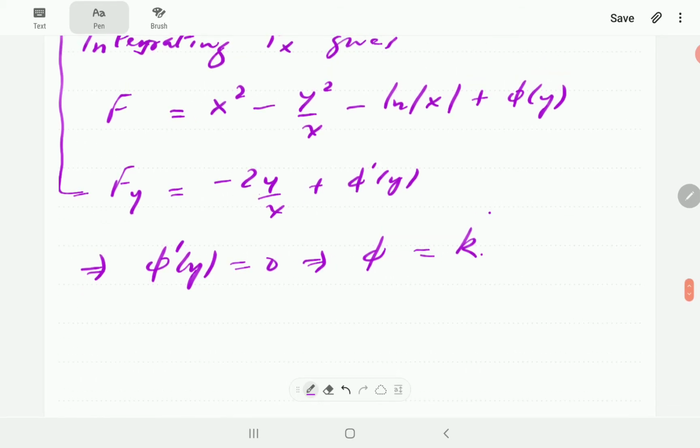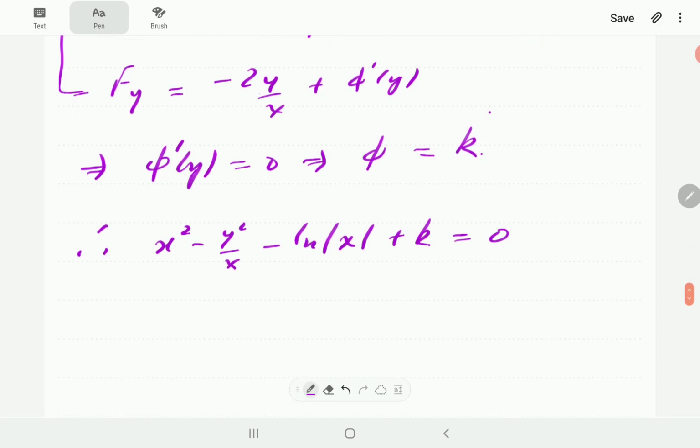And so if we just plug in k here, therefore x squared minus y squared over x minus ln of mod x plus k equal to 0. So that is our general solution.